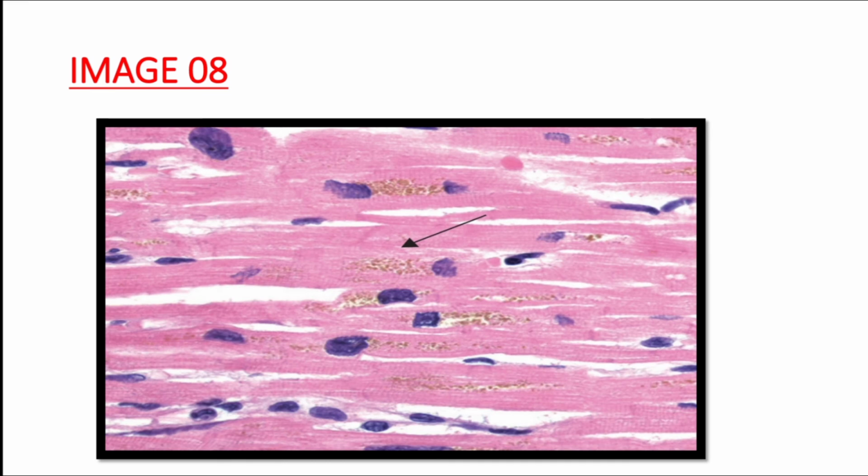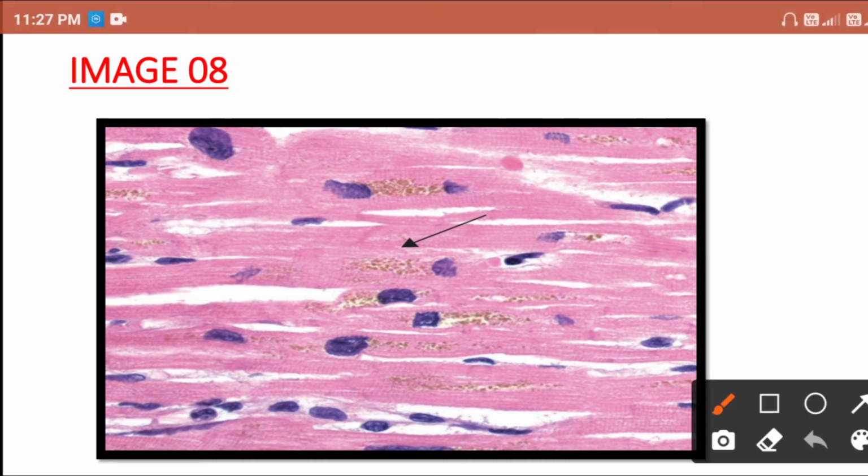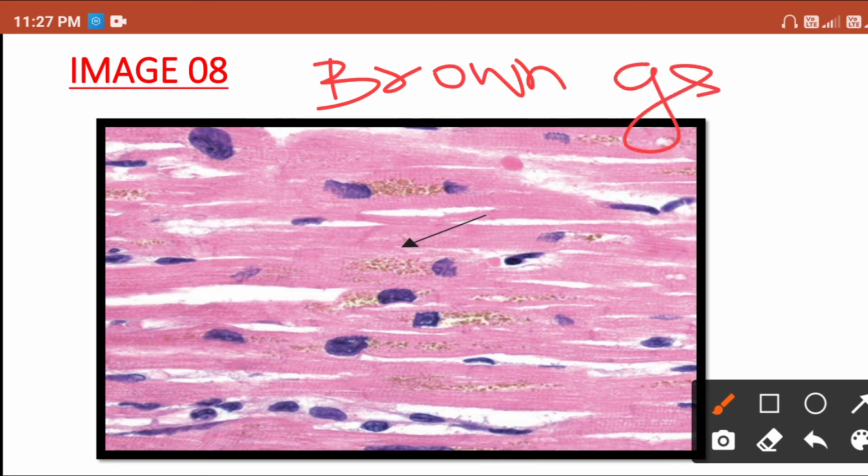Alright. Now the 8th MCQ, a very important MCQ, guys, and it's a very easy MCQ as well. The abnormal areas are these brown colored pigments. You can see that these pigments are brown, granular, and perinuclear.